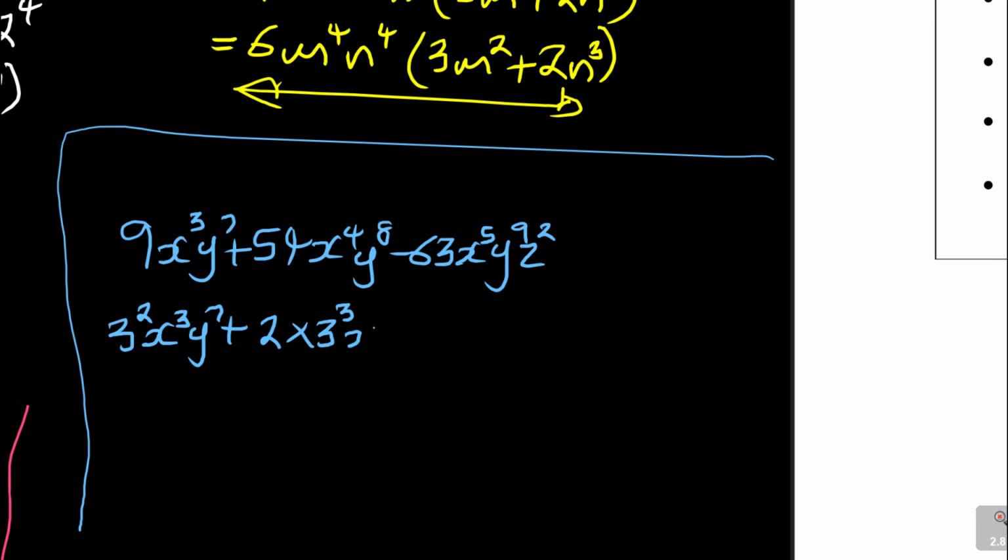All right. x to the power of 4, y to the power of 8 minus, what about 63? 63 shift fact is 3 squared times 7, x to the power of 5, y to the power of 9, z squared.